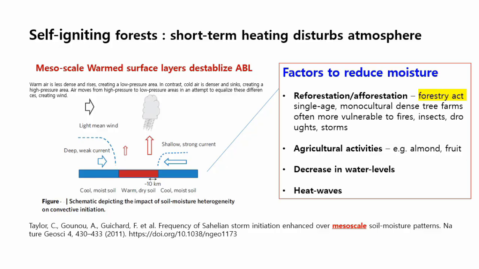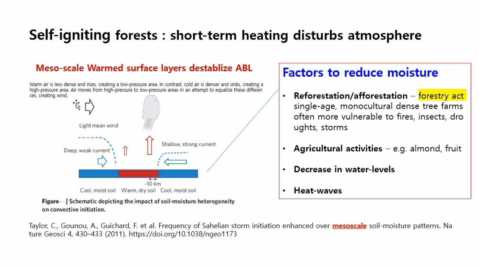Short-term heating obviously disturbs the atmosphere. And another study says that mesoscale warmed surface layers destabilize the atmospheric boundary layer, and finally initiate the storm and the clouds.